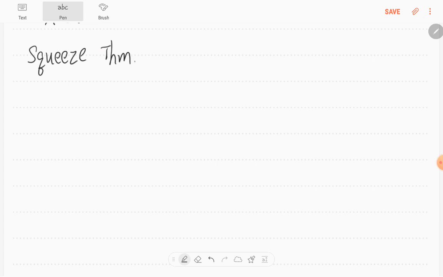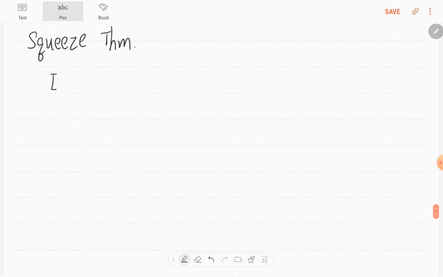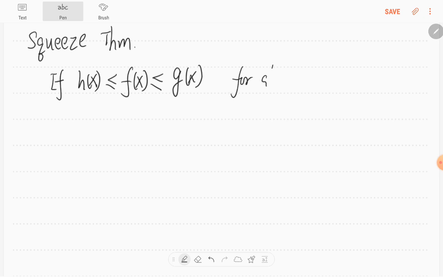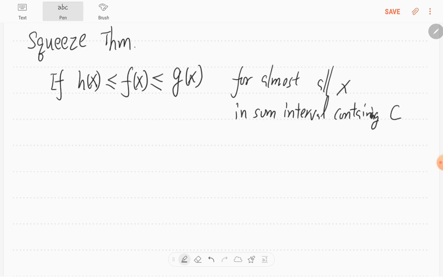The squeeze theorem says if h of x is less than or equal to f of x, less than or equal to g of x, for almost all x in some interval containing a constant c.